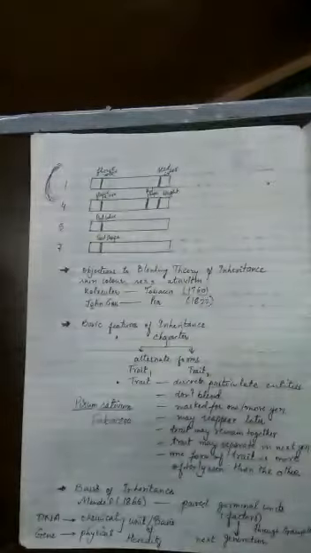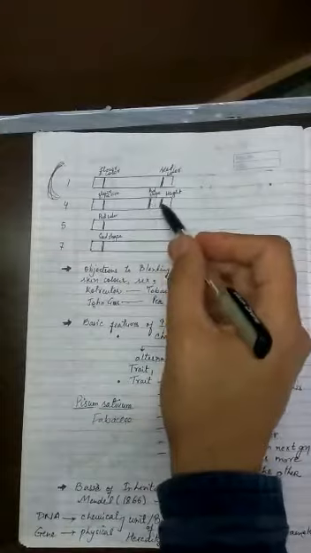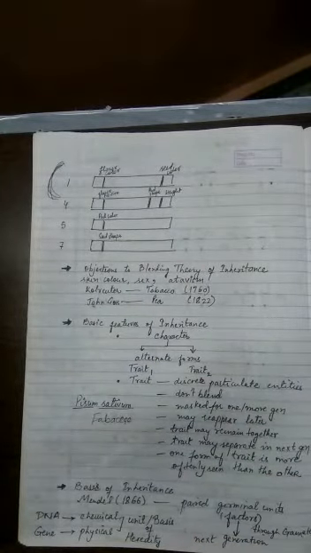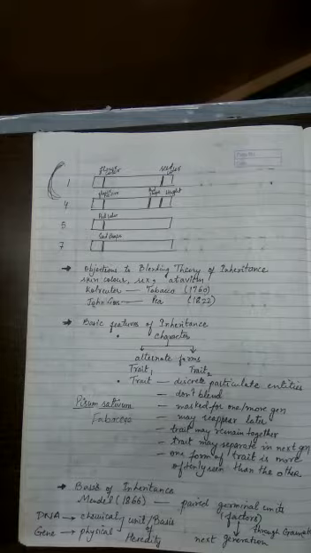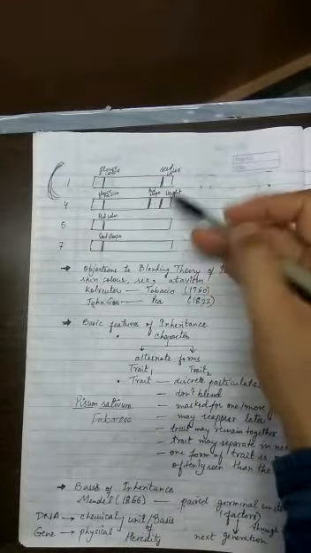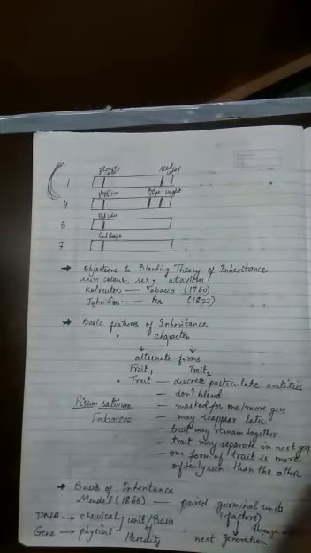So what is a complete linkage? When two genes are very close to each other, they may have 100% tendency to go together and not to undergo recombination. That means when crossing over occurs, there are minimum chances for these two genes to separate, because they are very close to each other.